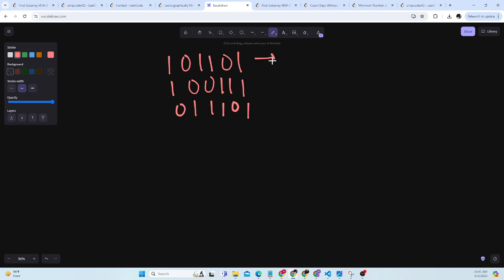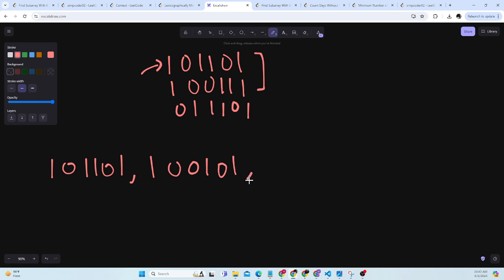So initially, for the first element, the bitwise AND will be 1 0 1 1 0 1. For the next 2 elements, the bitwise AND becomes 1 0 0 1 0 1. And if we take the bitwise AND of the first 3, it becomes 0 0 0 1 0 1.